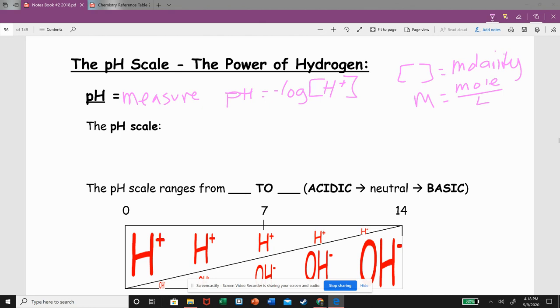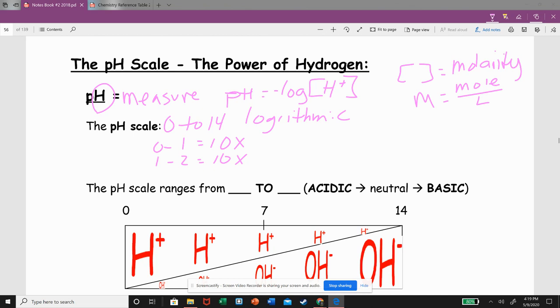So your pH scale goes from 0 to 14. It is a measure of the H plus. It doesn't measure OH minus, it just measures H plus. And it's logarithmic. So that means that from 0 to 1 is going to be 10 times, 1 to 2 is a 10 times factor difference in acidity.